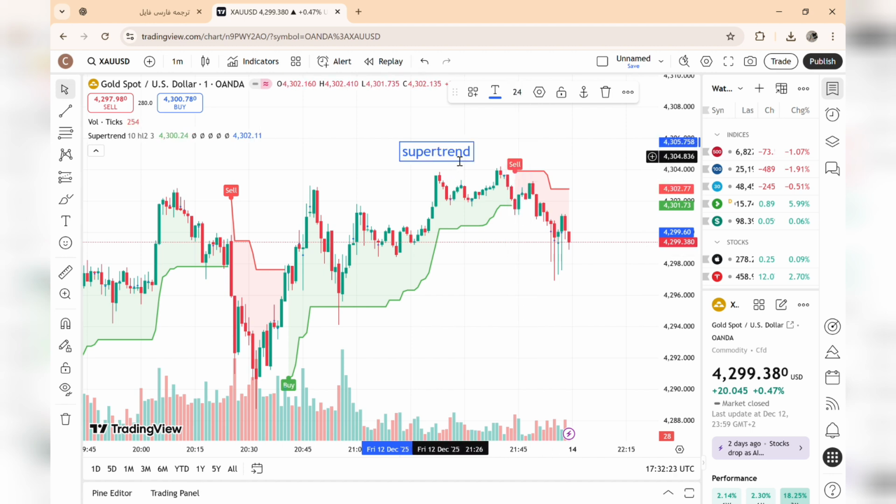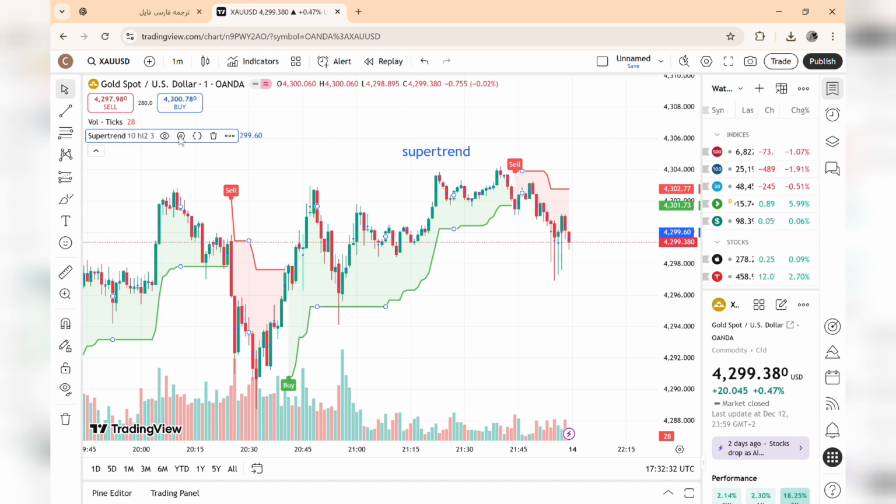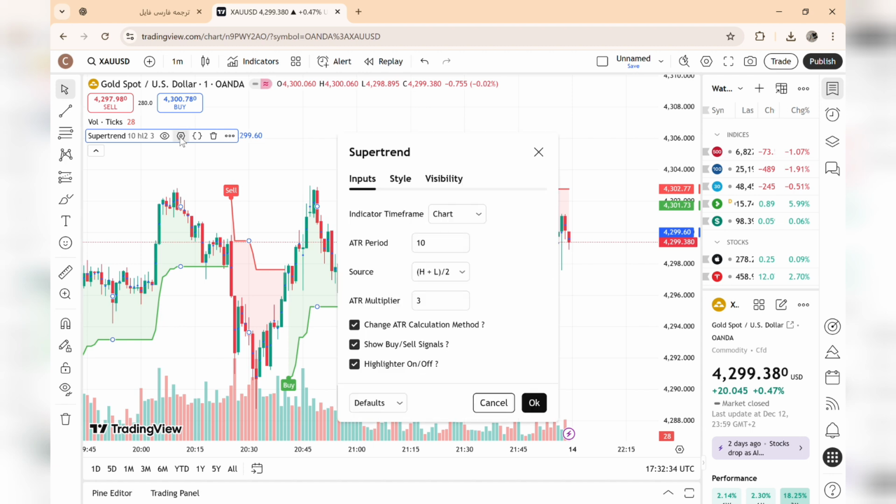Yes, I changed the font size for you, the Supertrend. And also you can go to the settings and I will put the picture of the settings in the end of the video, no worries.